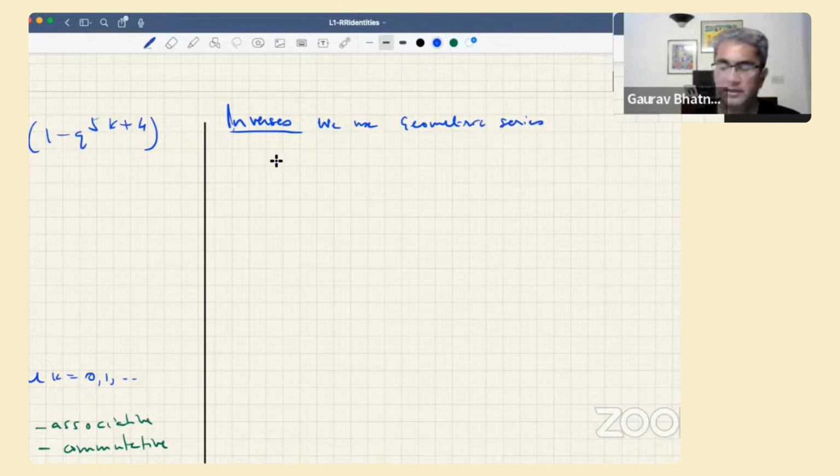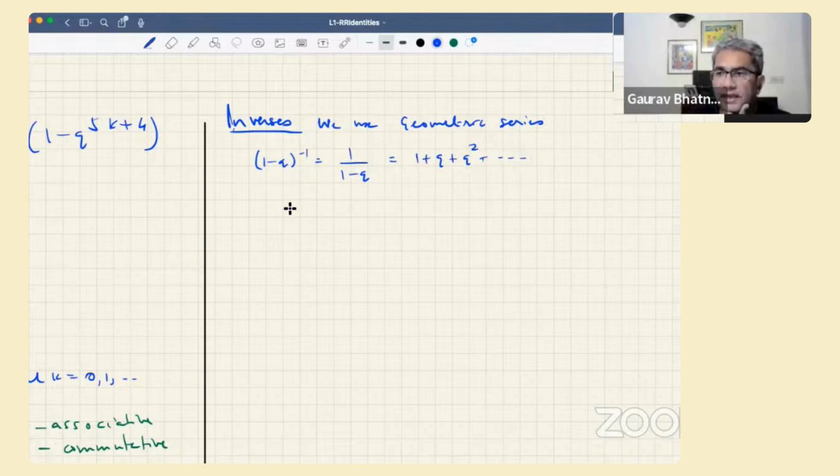So what are geometric sums? (1 minus q) raised to minus 1 is usually written like this, and we can write it as 1 plus q plus q squared and so on. This will be proved very easily in formal power series. So this is a formal power series proof.